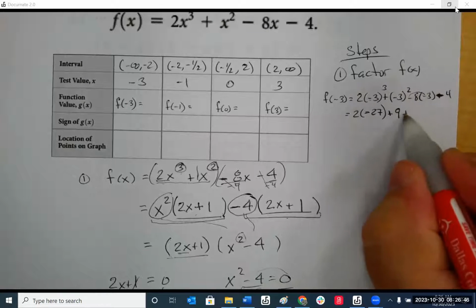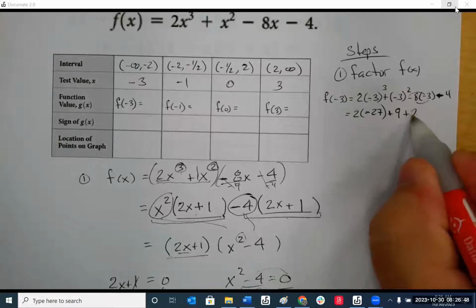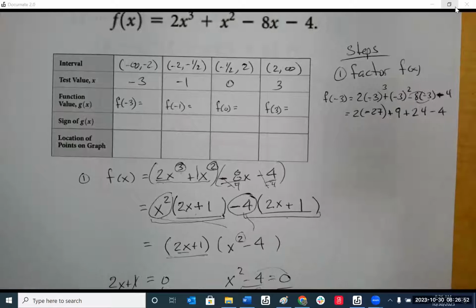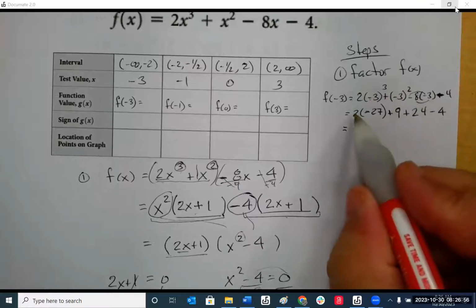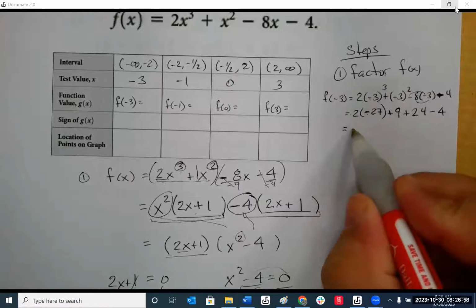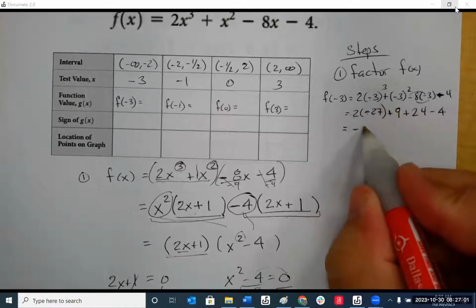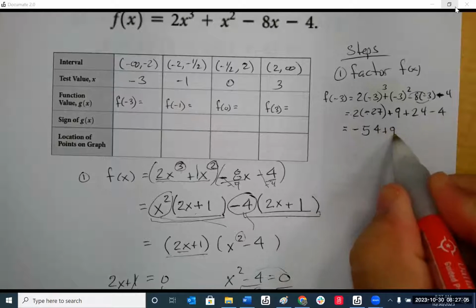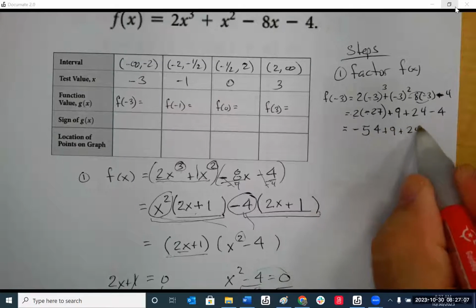Negative times negative is positive. 8 times 3 is 24. Minus 4. Positive times negative is negative. 2 times 27 is 54. It's 24.